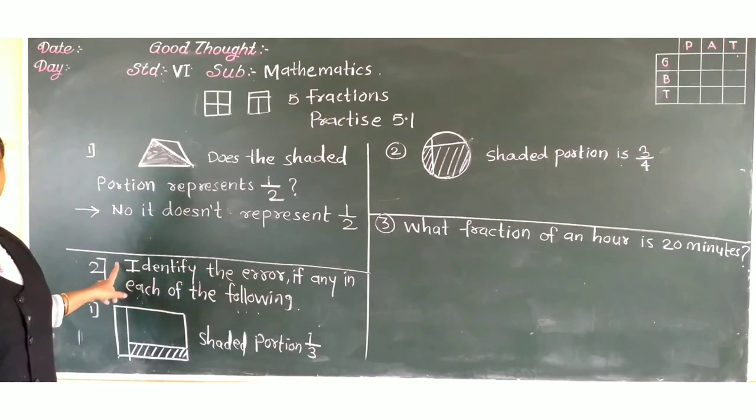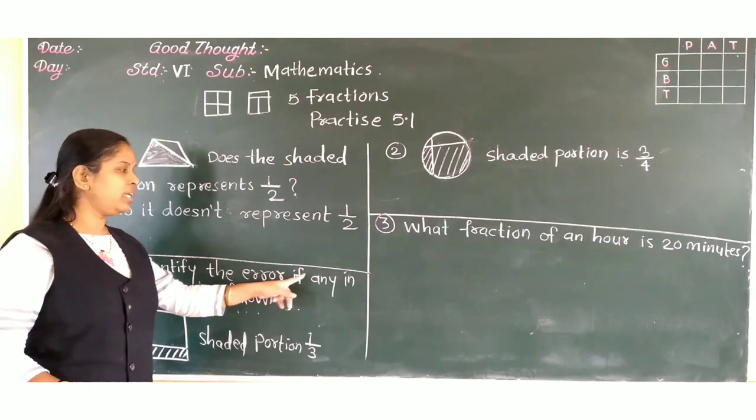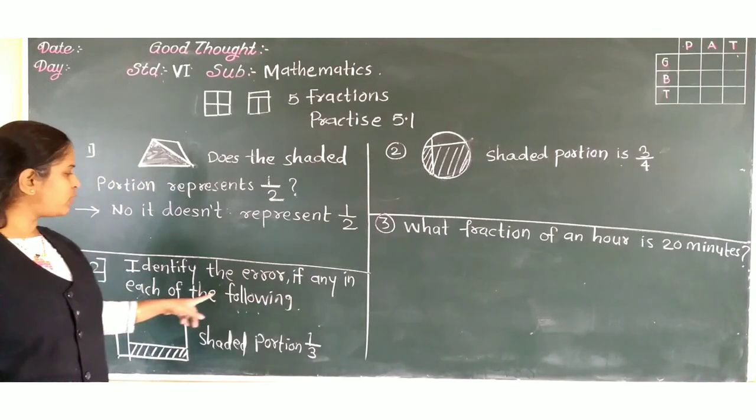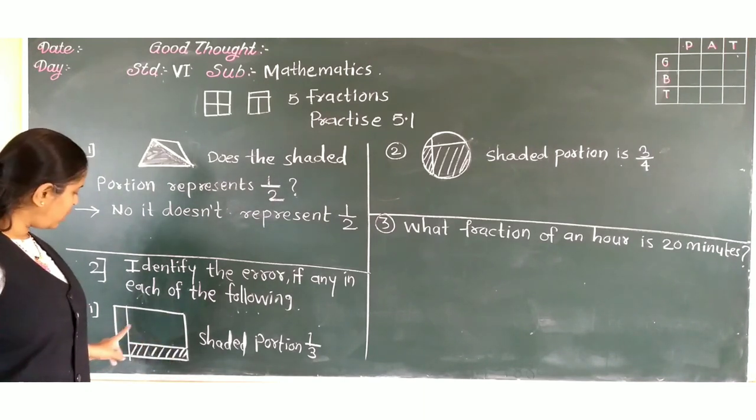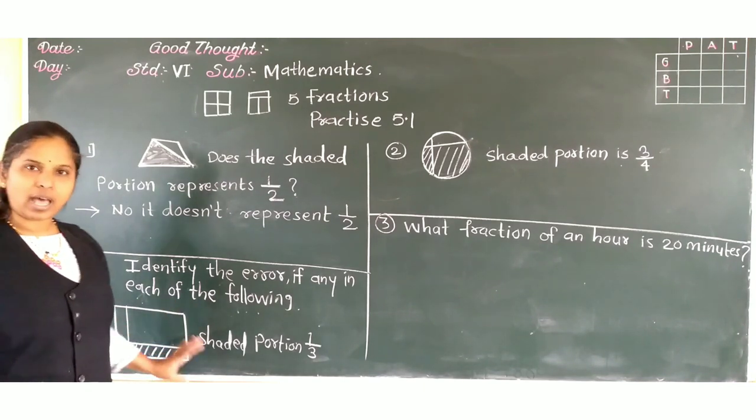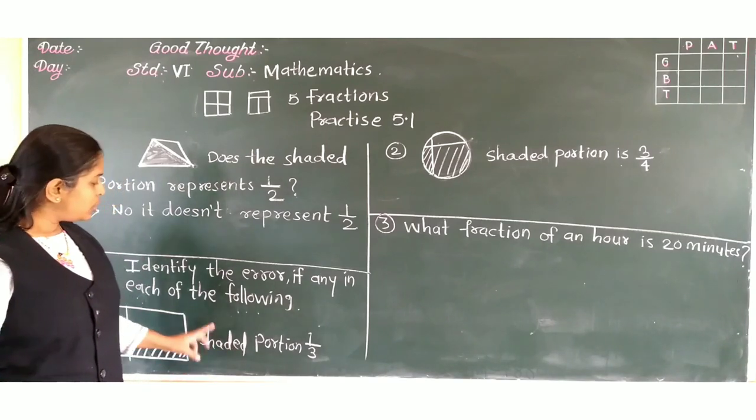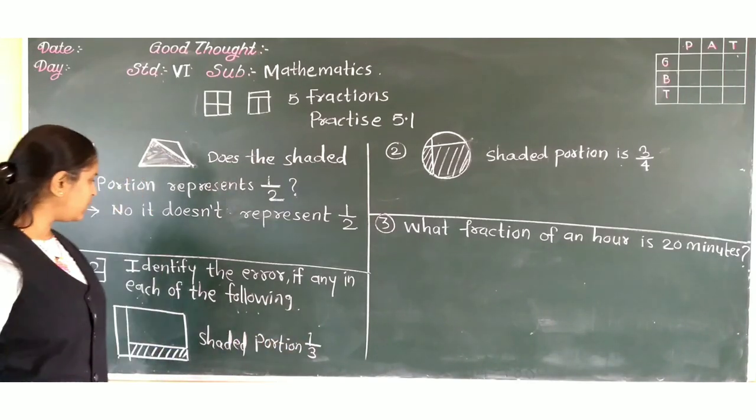Next, see here. Identify the error, if any, in each of the following. Now here another figure is there. 1, 2, 3 parts are there. But are they equal? No. So will the shaded portion show 1 upon 3?